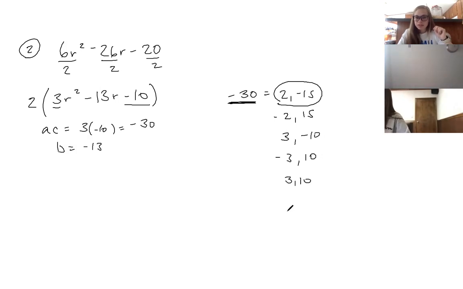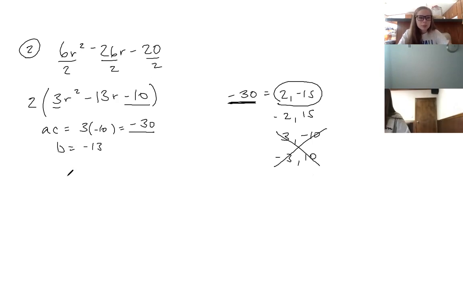If I had 3 and 10, or negative 3 and negative 10 as my factors, then negative 3 minus 10 would add up to negative 13. But I can't use those factors, because a times c was negative, so my factors have to be one positive and one negative. So I can't use these ones. I have to use 2 and negative 15.